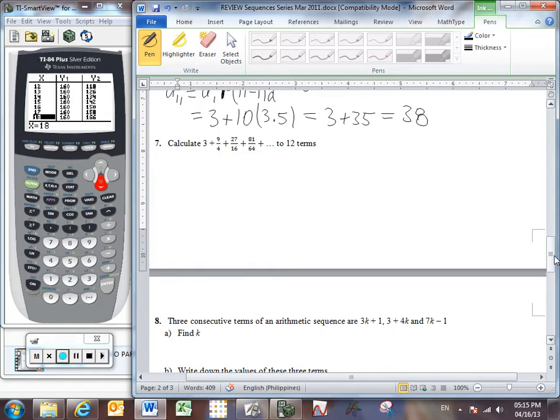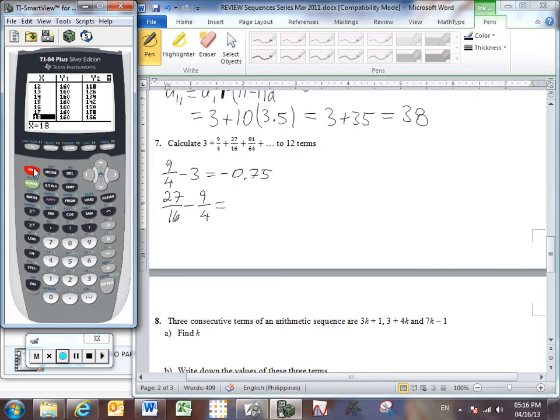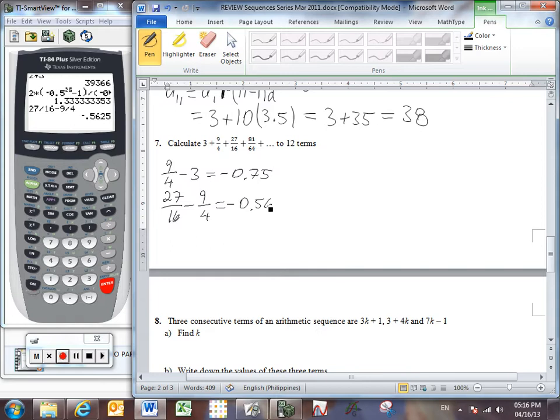Let's first figure out whether it's an arithmetic or a geometric sequence. 9 over 4 minus 3 will give you negative 0.75. 27 over 16 minus 9 over 4 gives me a totally different number, negative 0.5625. So it's not arithmetic. Let's try geometric now.